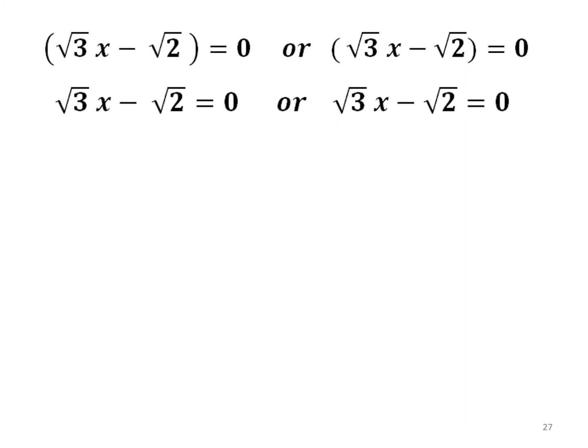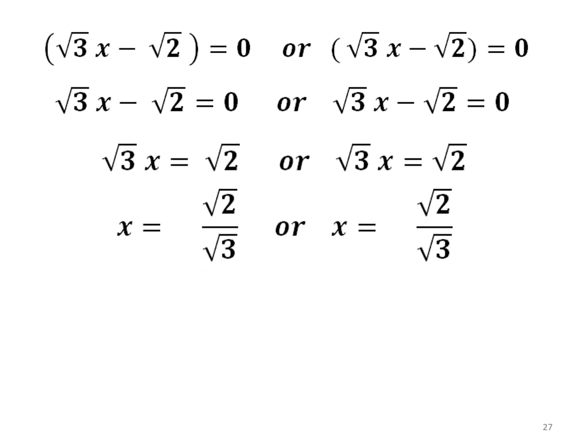Root 3x minus root 2 is equal to 0, or root 3x minus root 2 is equal to 0. Therefore, root 3x is equal to root 2 and x is equal to root 2 upon root 3. In both the cases, it is the same, root 2 upon root 3.